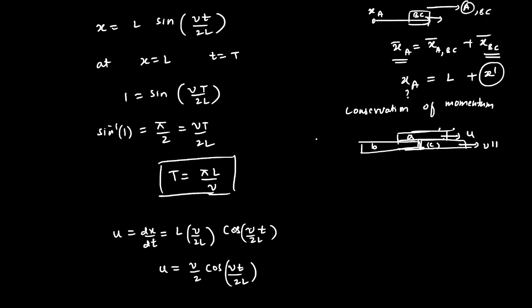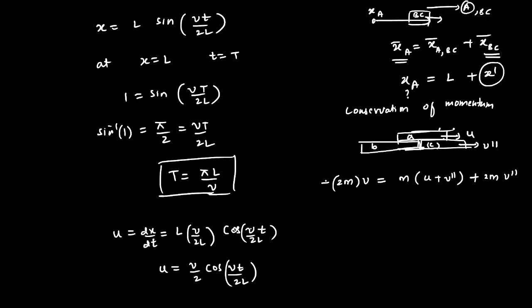Using conservation of momentum, the initial momentum of the system is 2m times V. That should be equal to mass m, which is the mass of A, times u with respect to the BC frame, and we have to bring that to the ground frame, so V double dash plus, and B and C have mass 2m and are moving with V double dash speed.